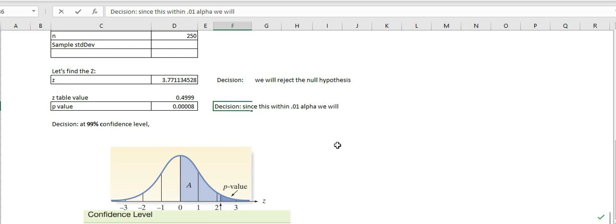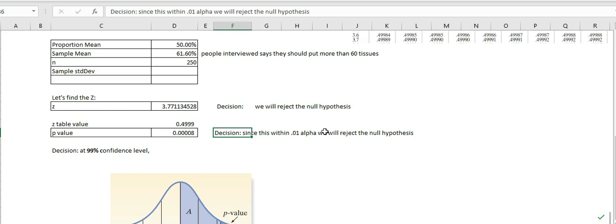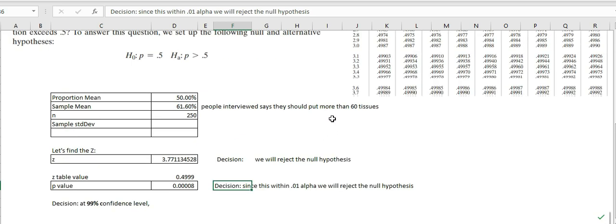Yes, this is less than the 0.01 alpha, so we will reject the null hypothesis. So that's how to do that. That's easy, right?